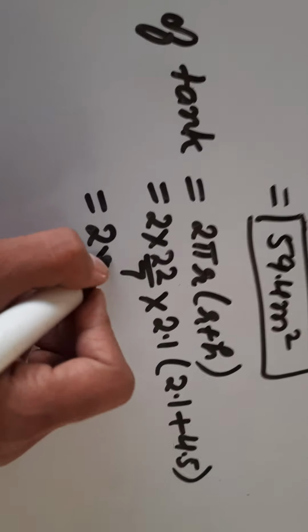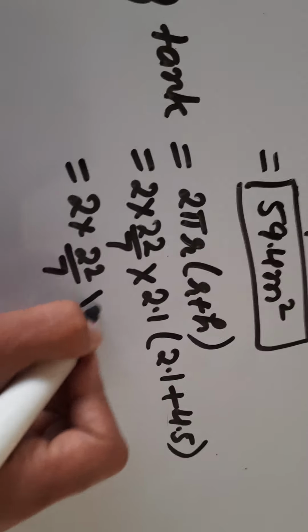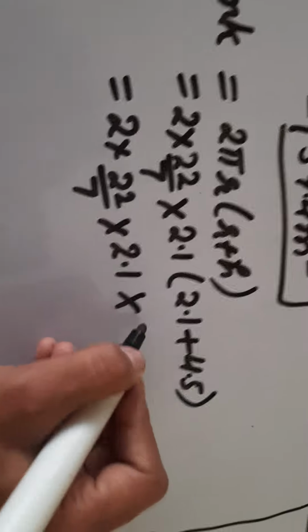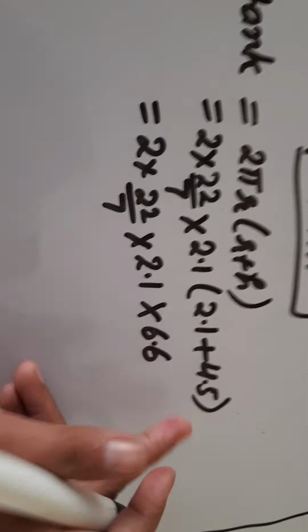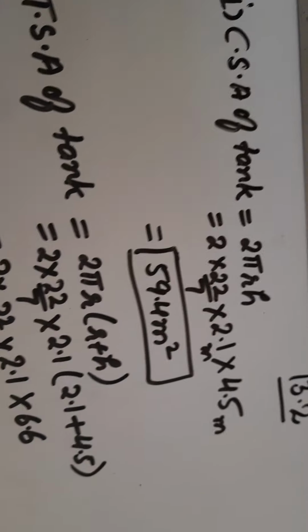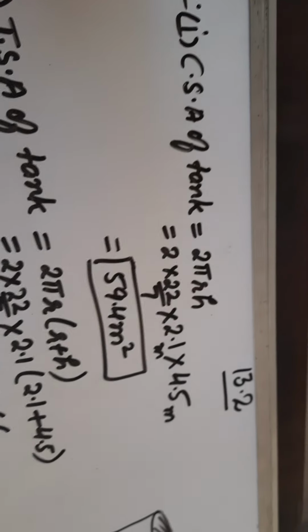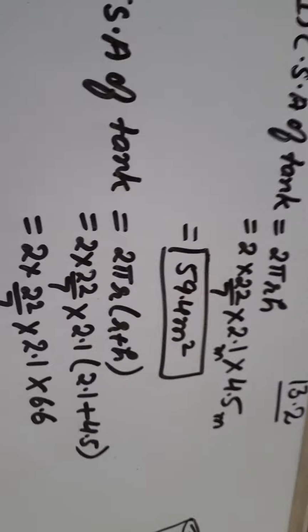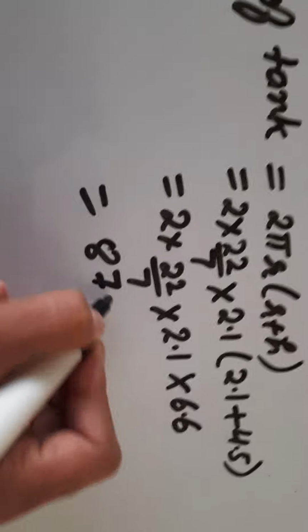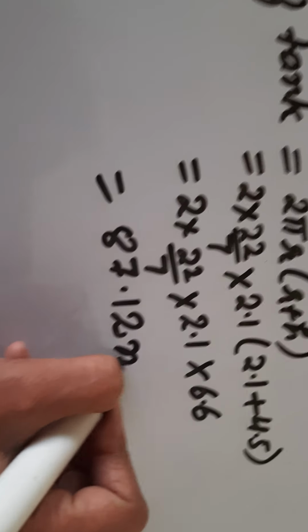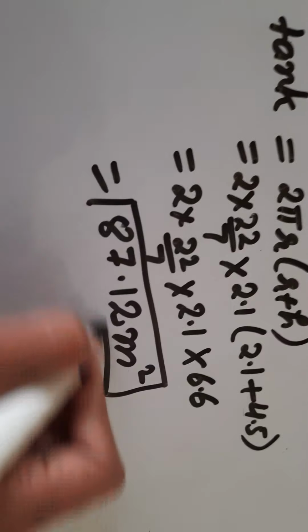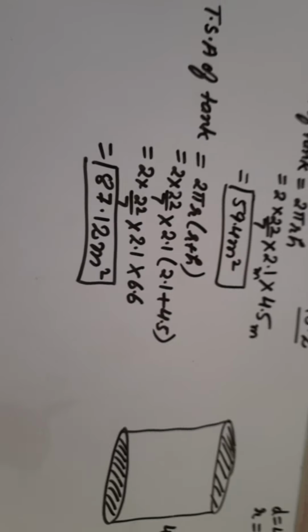So you will get 2 into 22/7 into 2.1 into, when you add it, you will get 6.6, the bracket. And by solving it, you will get the calculation as 87.12 meter square. This is the total steel used in making the tank.